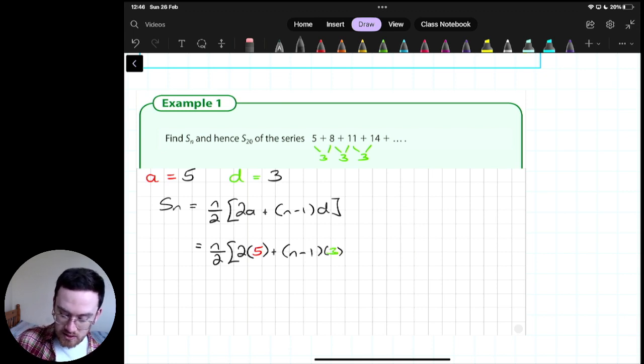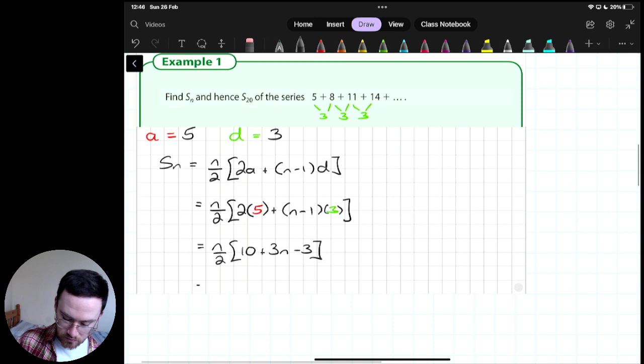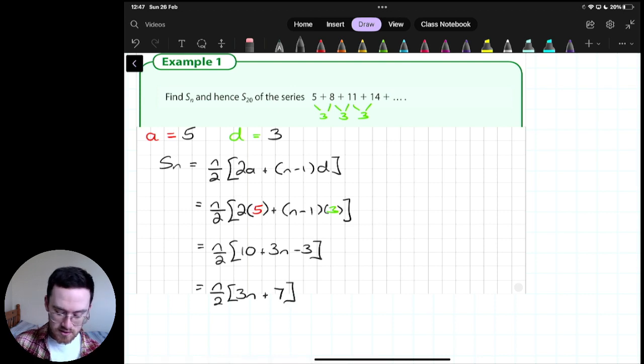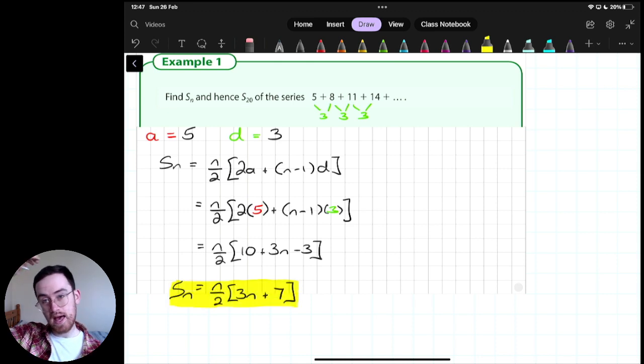The only two numbers I need to fill in are a and d. 2 times 5 is 10, plus 3n minus 3, and following through, n over 2 by 3n plus 7. I can stop at that point. That's perfectly fine to leave there. We don't necessarily have to multiply it out. We may have to for the next parts, but we can leave it there for the time being.